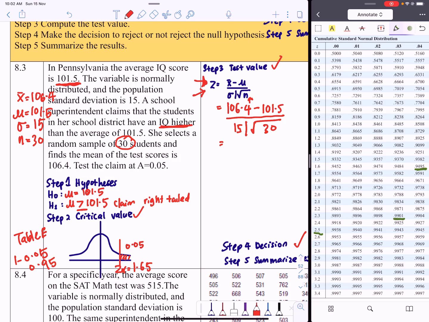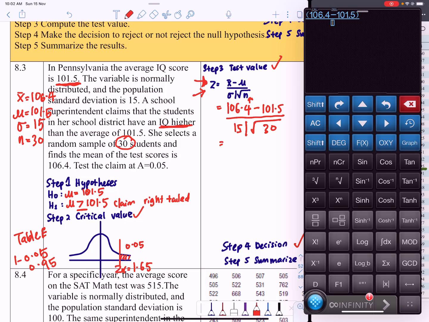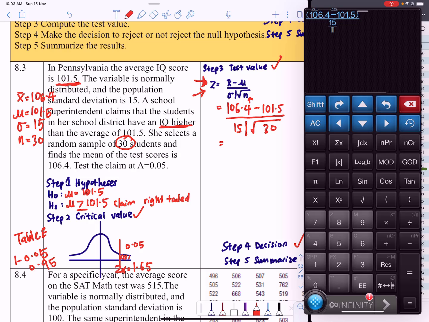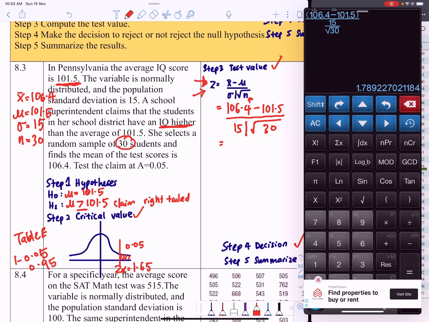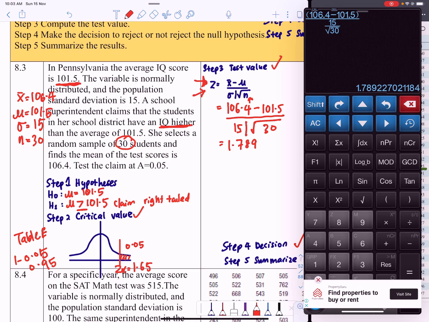You can calculate using the calculator. The result is 1.789, or 1.79. That is the test value.